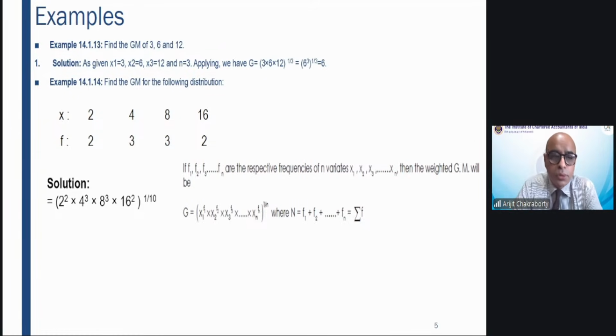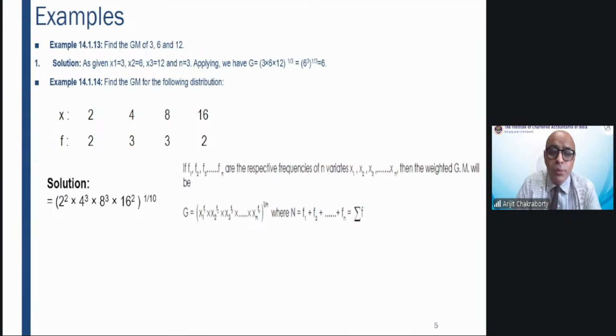So 2 to the power 2, because the first value is 2 with a frequency of 2. So 2 to the power 2 multiplied by 4 to the power 3, because the second value is 4, but it has a frequency of 3. Similarly, we multiply this by 8 to the power 3, because the third value 8 also has a frequency of 3. And then we multiply it by 16 to the power 2, because 16 is the fourth value with a frequency of 2.